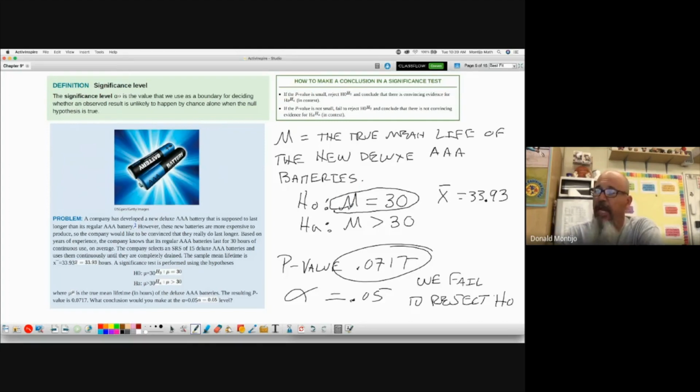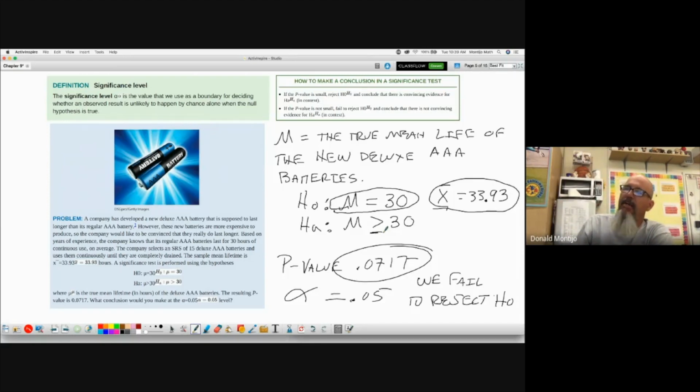So if this new battery does have a mean lifetime of 30 hours, the probability of finding a sample mean of 33.93 or larger, why are we saying larger? Because the alternative is greater than, would happen 7% of the time just due to sampling variability, just due to chance alone. We know that every single battery is not going to last exactly the same length as the battery before.